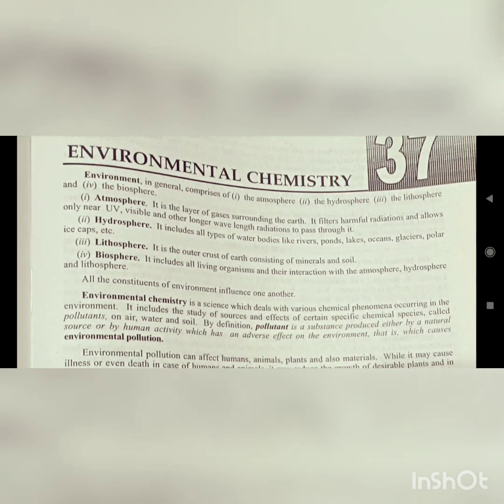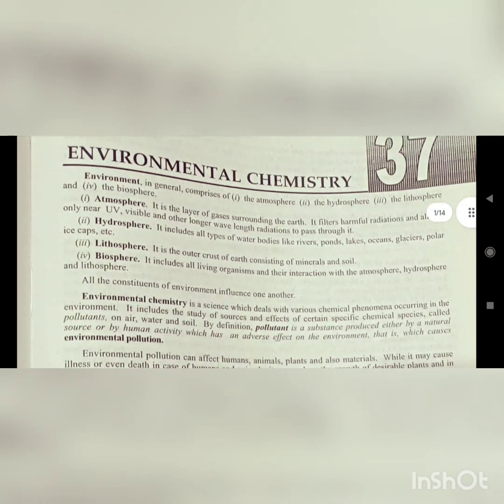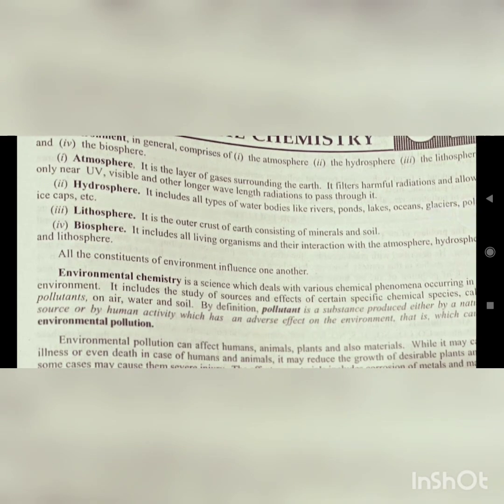Environment generally comprises the atmosphere, hydrosphere, lithosphere, and biosphere. Atmosphere is the layer of gases surrounding the earth. It filters harmful radiation and allows only near UV, visible, and other longer wavelength radiation to pass through it.